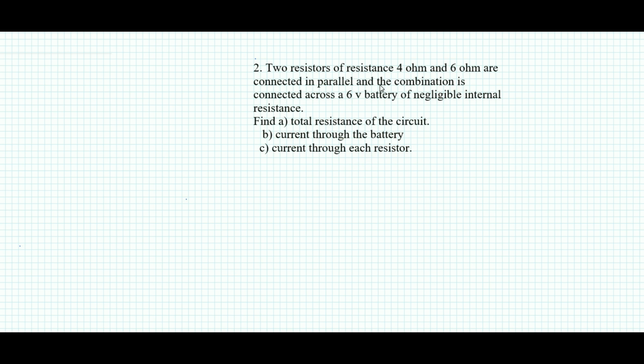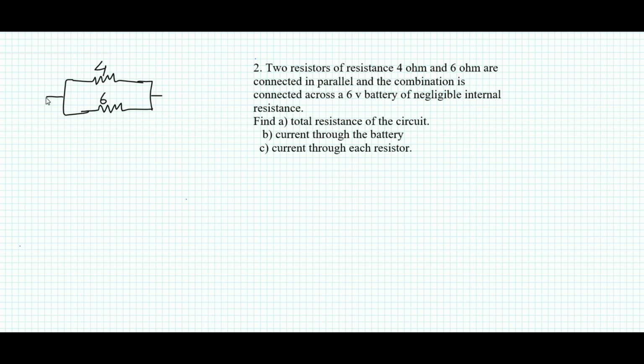So these two resistors are connected in parallel, that means first I am drawing the two resistors that are in parallel. Just I will draw step by step. Okay, this is 4 ohms resistor and this is 6 ohms resistor. These two resistors are in parallel, and this combination is connected across a 6 volt supply.